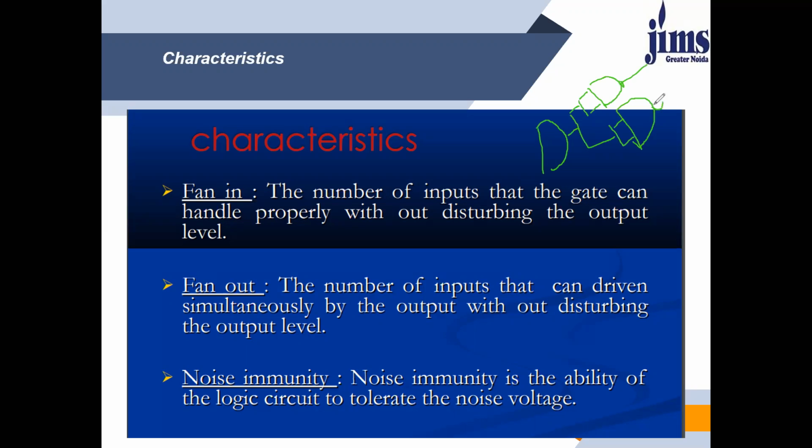It can handle them if it gives sufficient output, but as we increase the number of outputs, every device needs a minimum input, and the value gets divided among all the branches, so the minimum level will not be maintained.